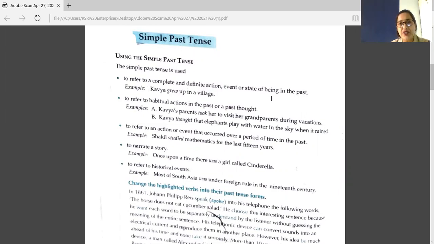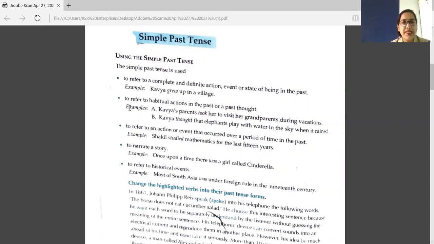Any action which occurred at some past time, there we have to use simple past. This is the example here. Kavya grew up in a village. Some past event there. So here, grew. This is the second form of grow. So this is simple past tense, or you can say the sentence is in simple past tense.